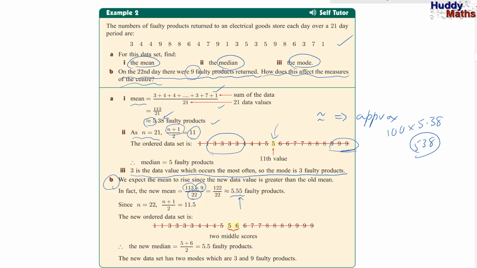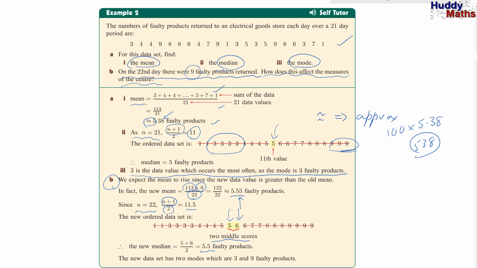Let's have a look at the median. N is now 22, so this is 23 over 2, which is 11.5, halfway between the 11th and the 12th value there, which is therefore the mean of those 2 middle scores, 5 plus 6 on 2, 5.5 faulty products.